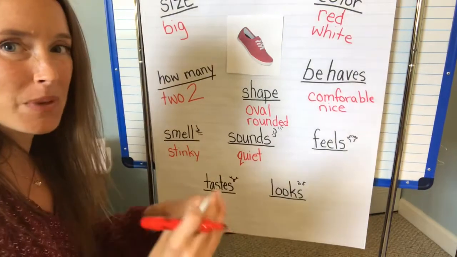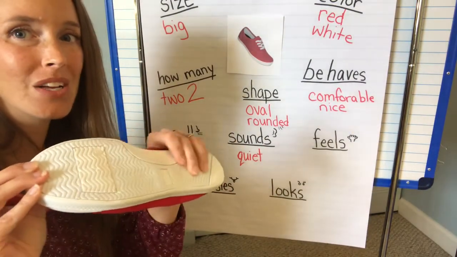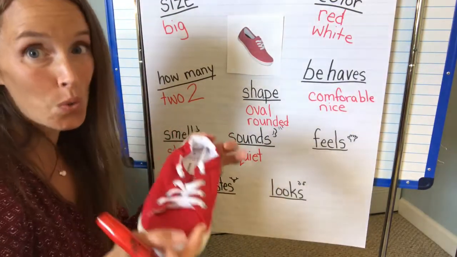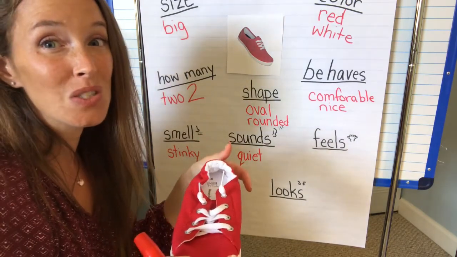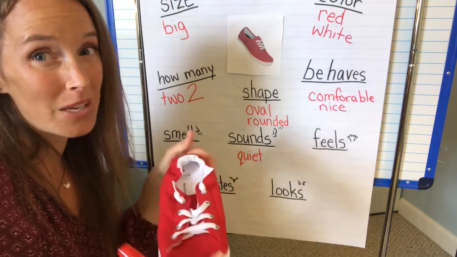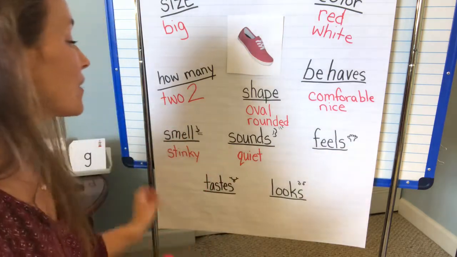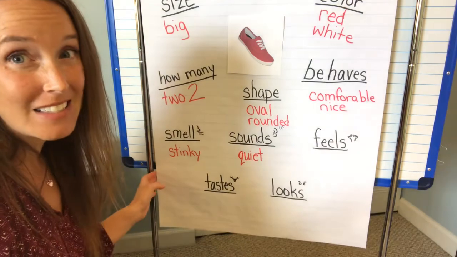But you know what happens when I walk? It has a rubber sole. So right now it's quiet, but another adjective that I can describe my shoe is squeaky. Sometimes when I walk it makes a squeaky sound. Okay, so squeaky describes my shoe.